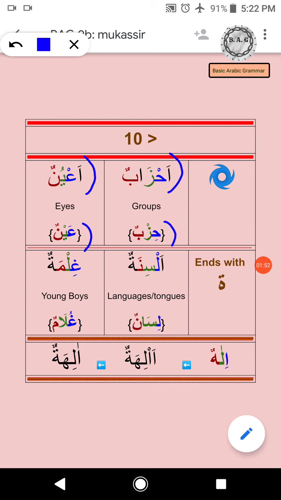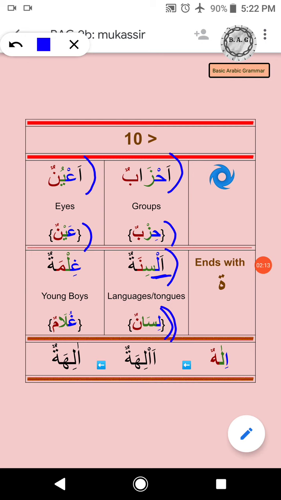Then the next pattern is al-sinatun. Now notice I'm saying al-sinatun and not as-sinatu. That is because this lam here is not part of the lam tarif. It's the root letter of this root word.